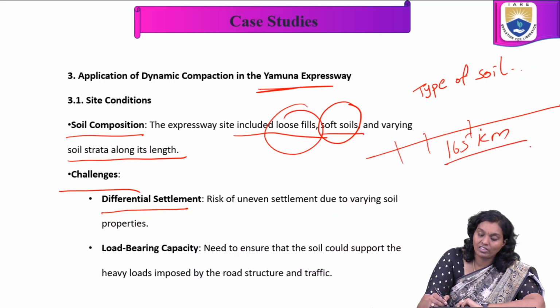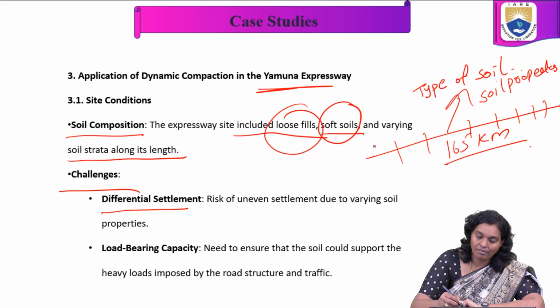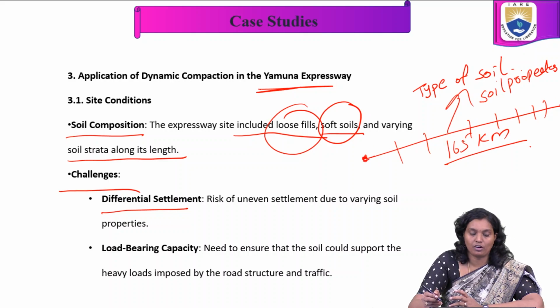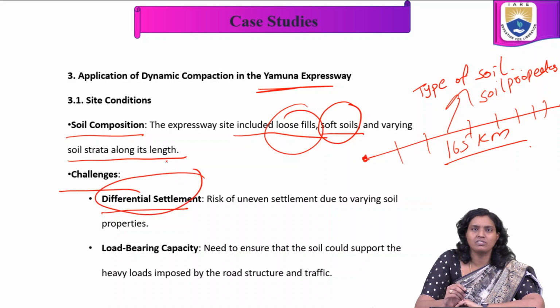Each stretch has its own soil types, conditions and properties. From the start to the end, it may not be the same. So differential settlement is one of the challenges we understand.